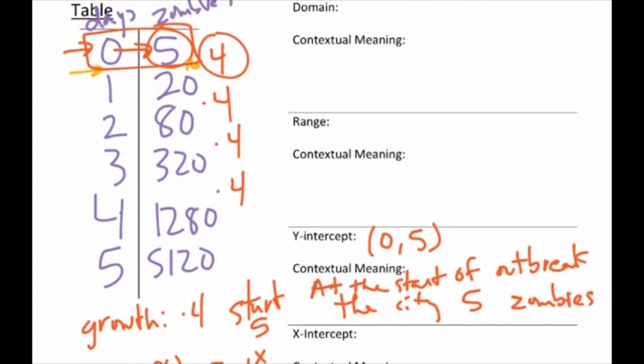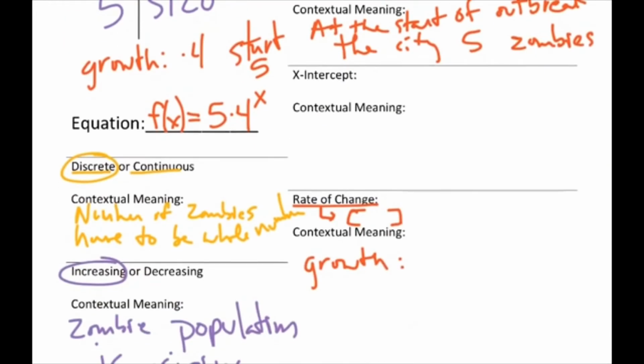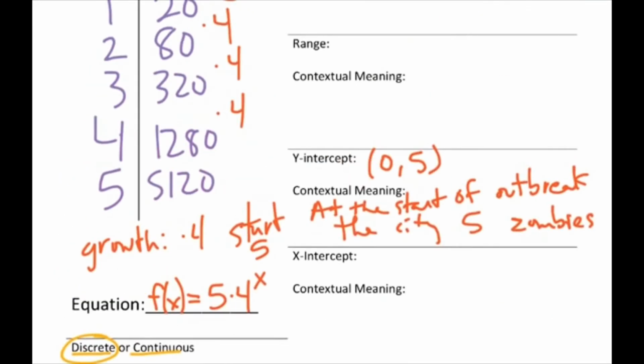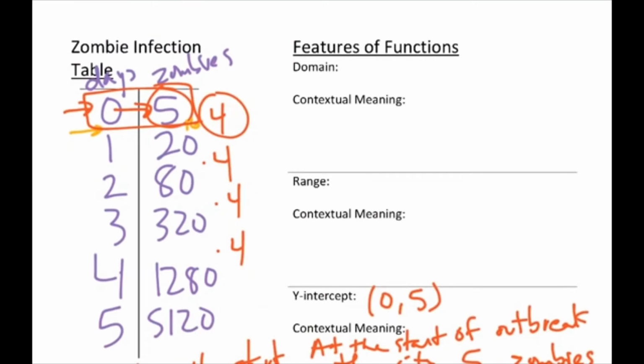Well, we're timesing by 4, which means we're quadrupling the number of zombies every day. On linear that rate of change would be slope, and I still want to show you how we'd think of this as rate of change as well, to kind of see how that works. Alright, so we've got quite a bit of stuff there to go with.